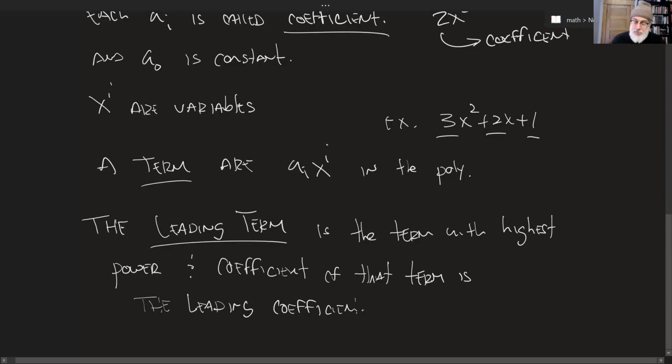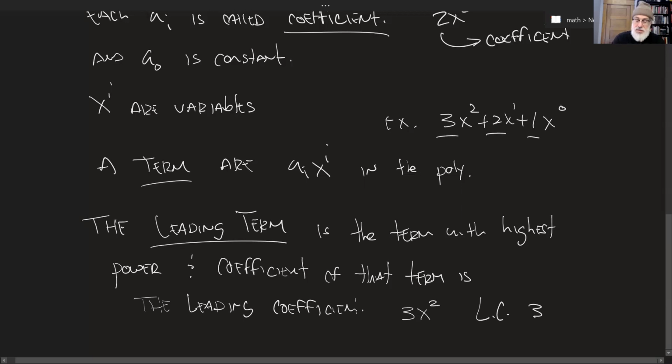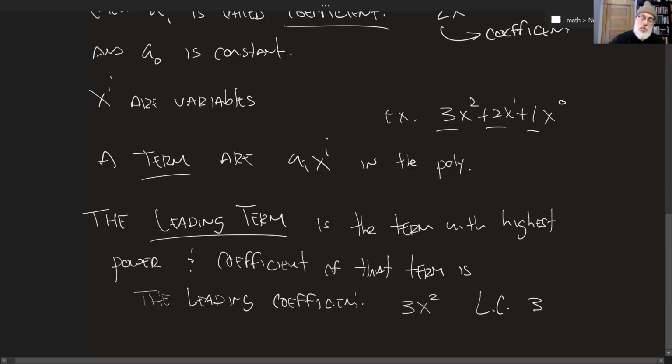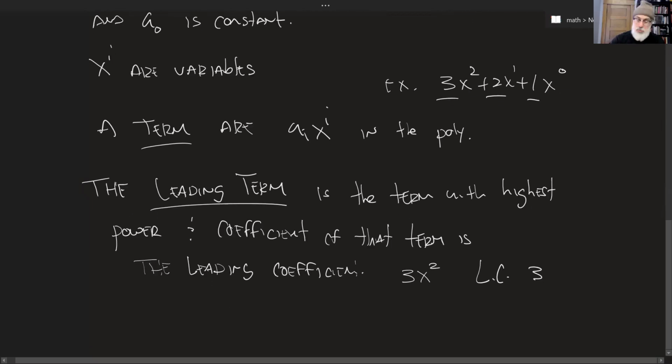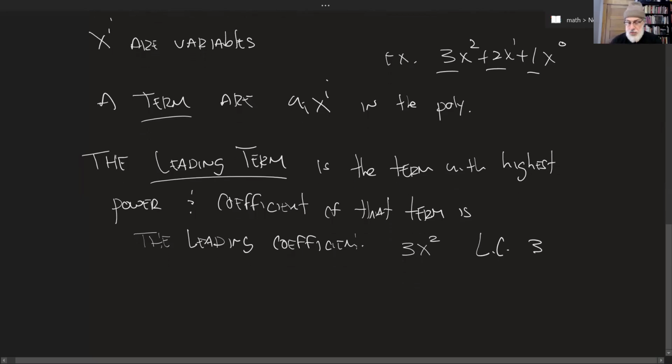So our example here, 3x squared plus 2x plus 1, the leading term is 3x squared, and the leading coefficient is 3. X squared is the highest power, 2. X has 1. And sometimes we can think of this as x to the 0 because x to the 0 is just 1. You could look at our previous lectures to get a better grip on the exponents. But that's the leading coefficient in our example.